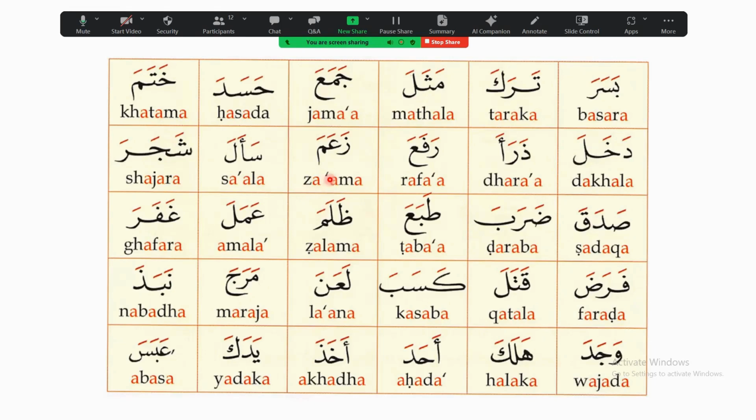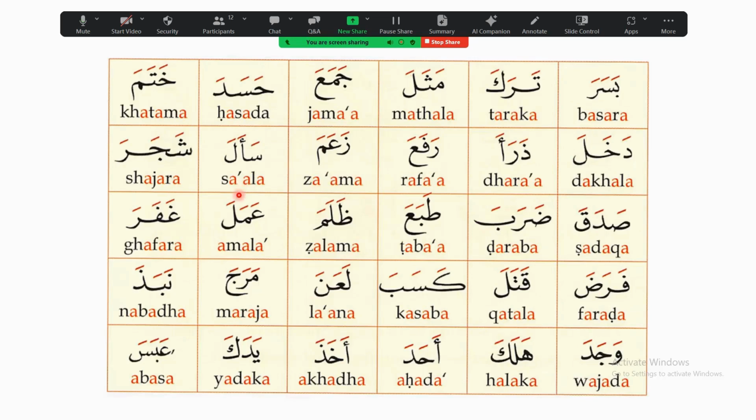So when I'm saying the z letter here, I'm making this buzzing sound with it as well. Z, z, ma, right? Sometimes people skip these qualities, but if you just add these qualities, these sifat of the words, they will make the recitation beautiful.